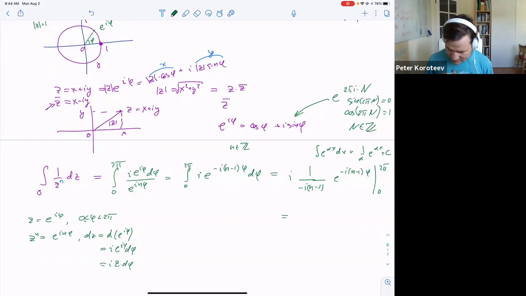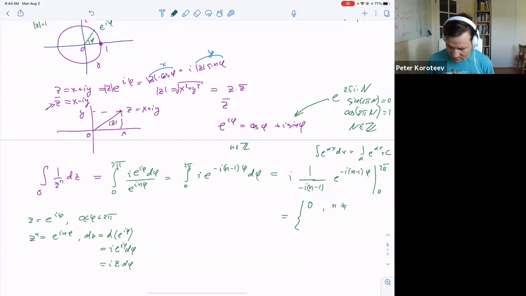So it is equal to 0 most of the time, but is it 0 for every value of little n? Is there anything special when little n is equal to 1? So clearly, when little n is equal to 1, this formula doesn't make sense, right? So we need to go back here. So what is the value of the integral when little n is equal to 1?